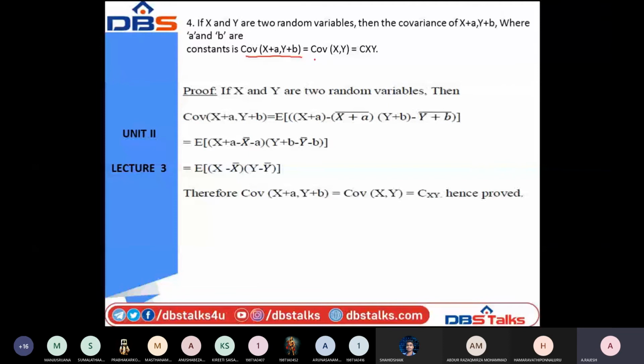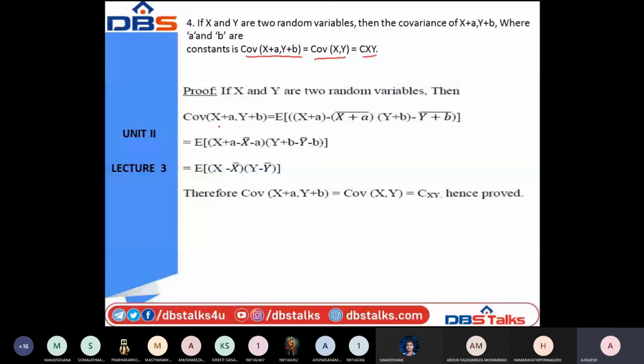So see here, if X and Y are two random variables, then covariance of X comma Y can be written as expected value of X minus X complement into Y minus Y complement.